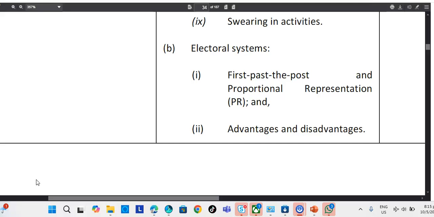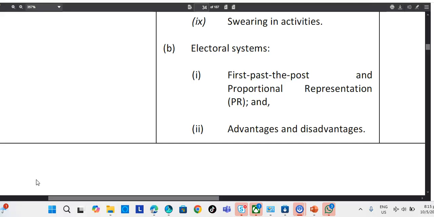After the election, the votes are counted. At the close of the poll, the votes are counted. The candidate who gets the most votes in each constituency becomes a member in the House of Representatives.